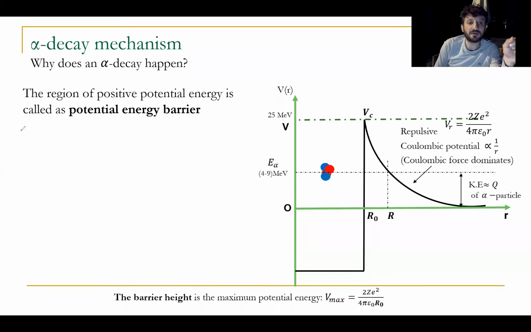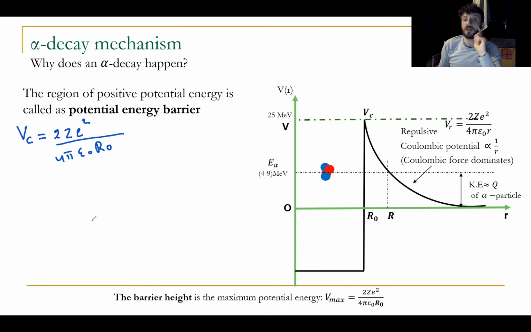Let me explain the last point here, very important. We calculated V Coulomb maximal equals 25 mega electron volt, which is equal to 2Z E squared divided by 4 pi epsilon 0 R0. At the point R, the particle is going to come out of the nucleus.